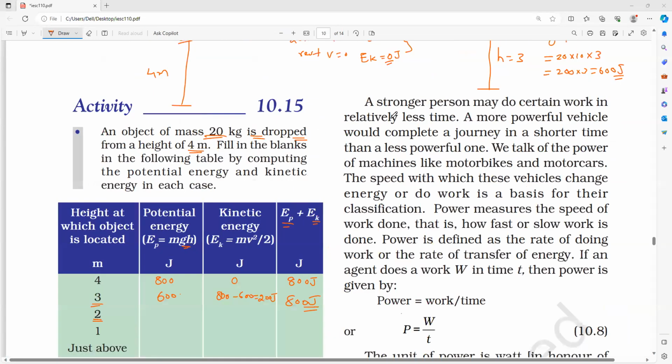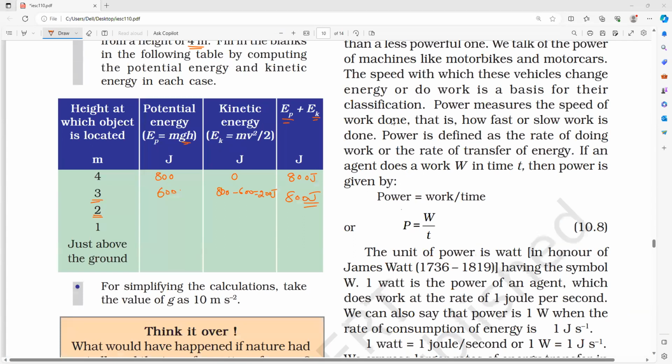It will be converted into kinetic energy, so the total remains 800 joules. Then 1 meter above, it will be 200 and here 600. The total remains 800 joules.